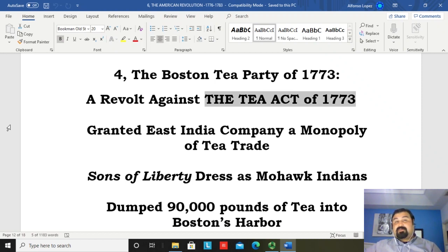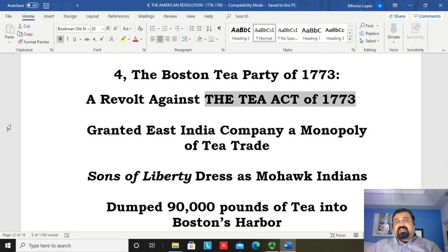Let's take a lot of people to the port, close it down, and prevent the ships from bringing the cargo into the main harbor. So pretty much blockading those ports to prevent the East India Company from bringing the tea into the colonies.